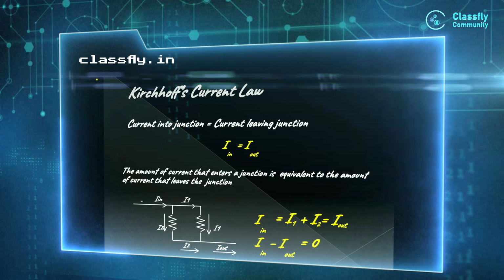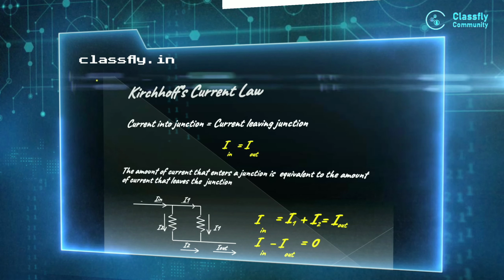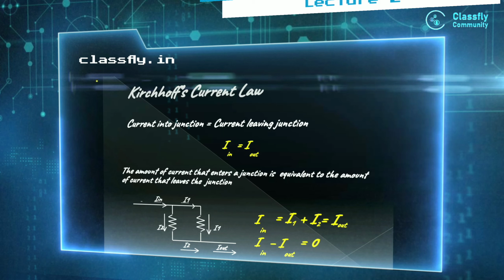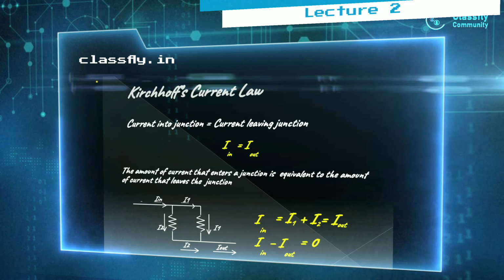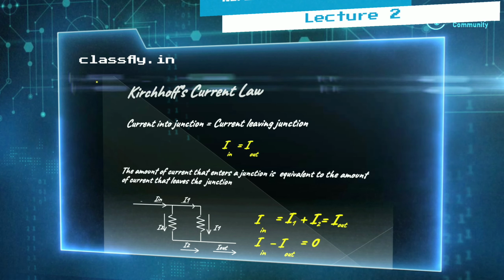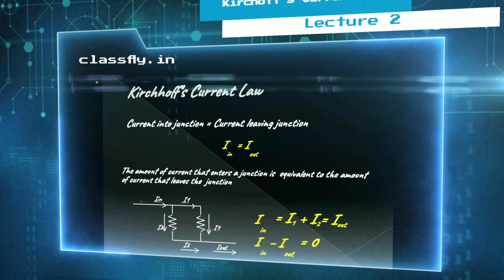Now we will have a look at the second part, that is Kirchhoff's law. Why did Kirchhoff's law basically come? See, Ohm's law can resolve circuits which are very simple, okay? But complex circuits can't be resolved with the help of Ohm's law.